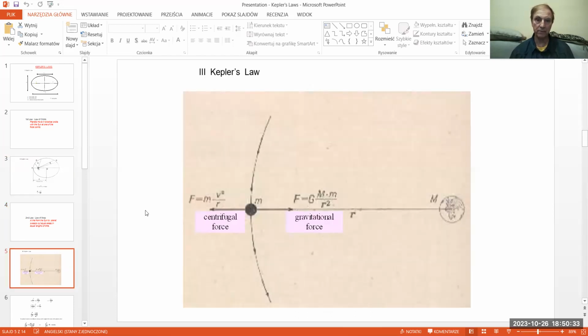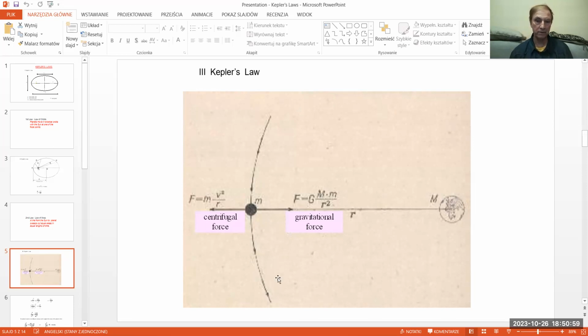Now the third Kepler law. Over here, this black ball or black dot represents a certain body, for example, a satellite that is moving around there approximately in a circle.